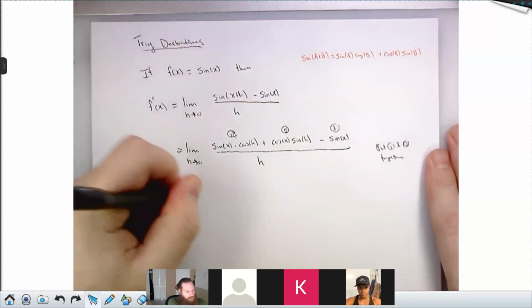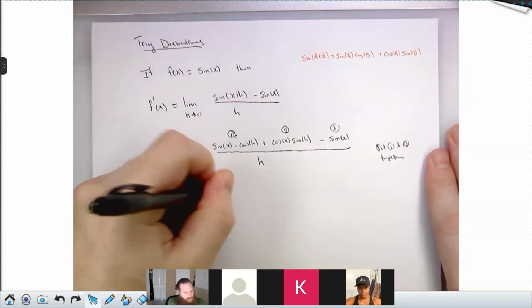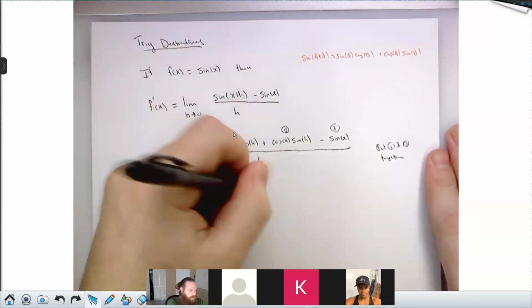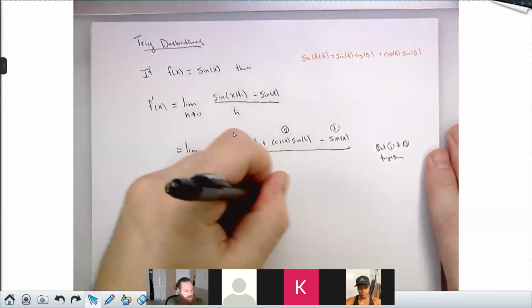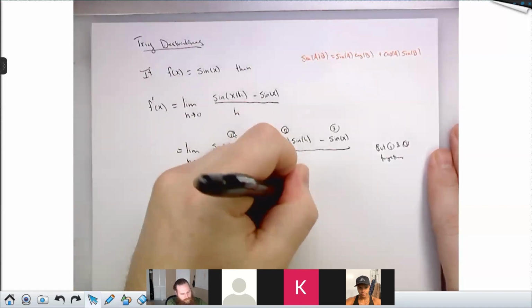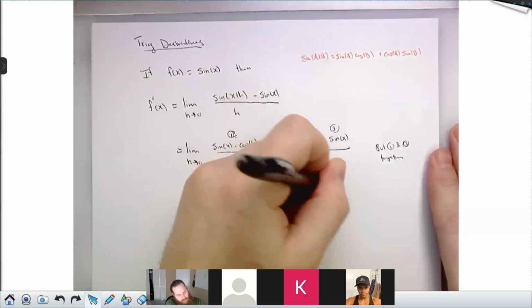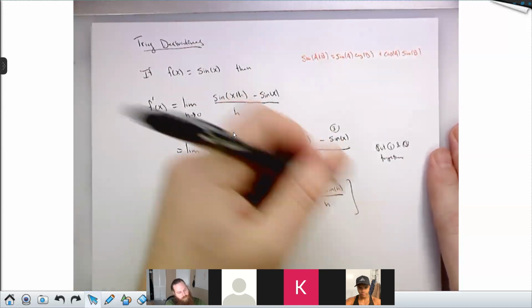So I get the limit as h goes to 0 of sine x cos h minus sine x, all over h, plus cos x times sine h all over h.